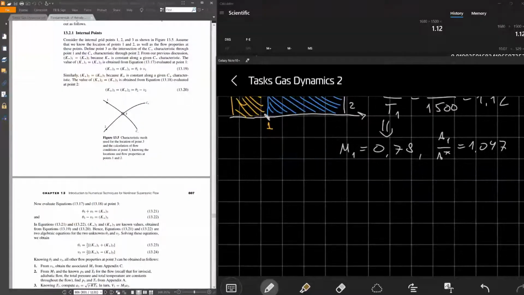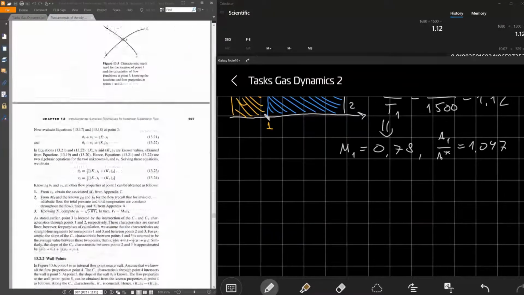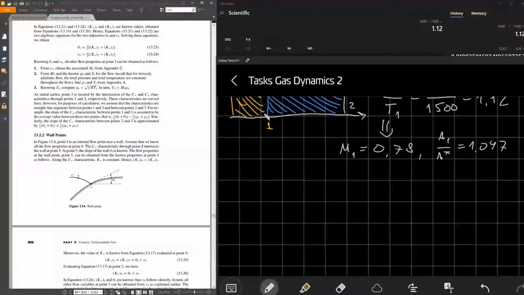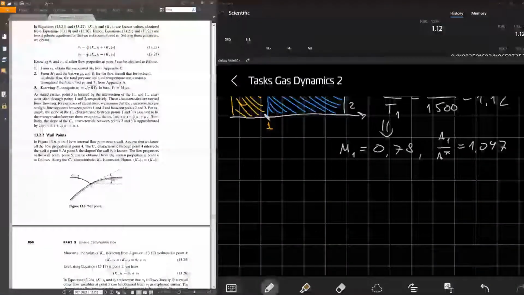We have two types of points: the point at the intersection of two characteristic lines, called internal points, and the point on the wall, called wall points. Depending on whether the point is at an intersection or on the wall, the calculation is a bit different.